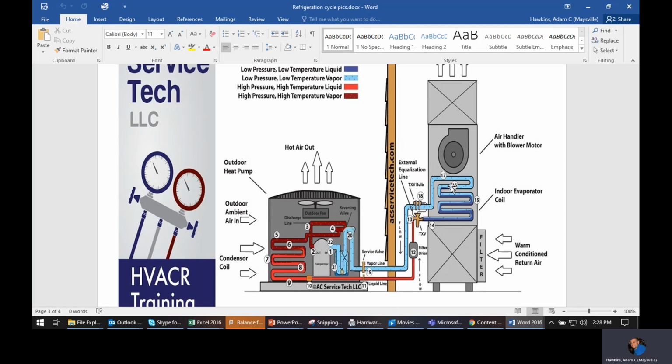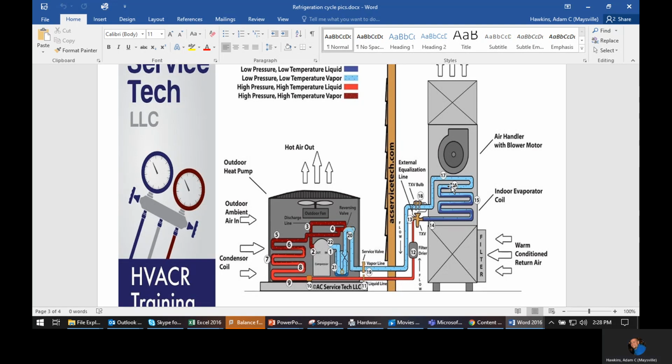Now, if it's an insurance policy and if it's a safety net, why not have more? Why stop it at 8 to 12, 8 to 14? Well, because superheat is also a measurement of how full this evaporator is. So what we're trying to do is find this perfect balance of efficiency and performance and also protecting the compressor.